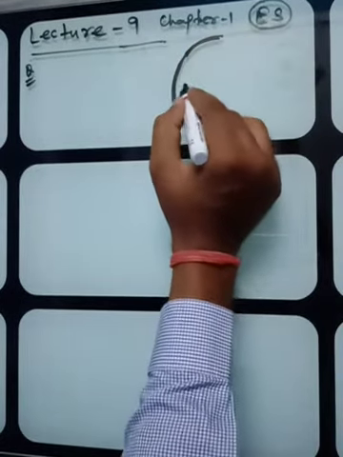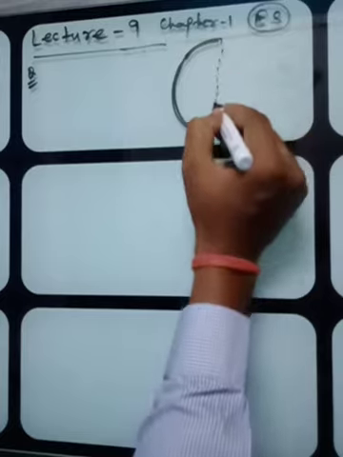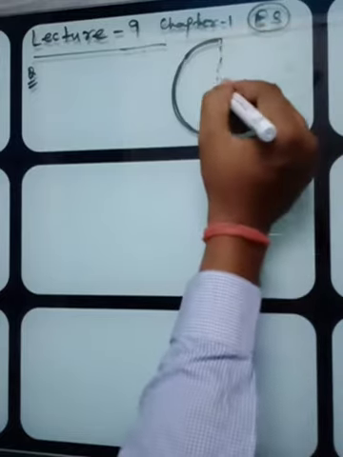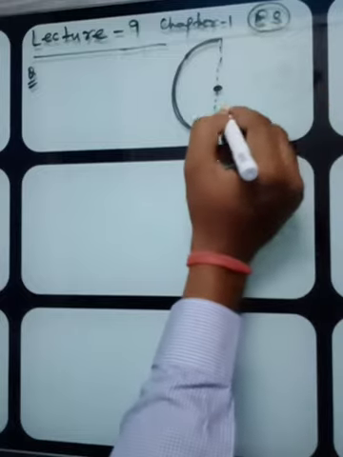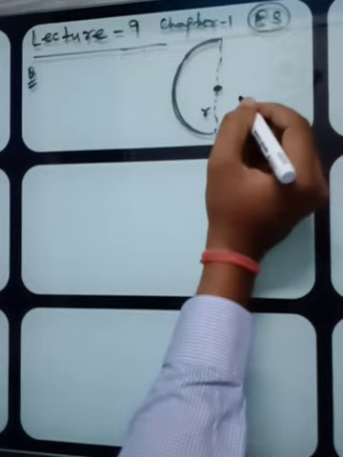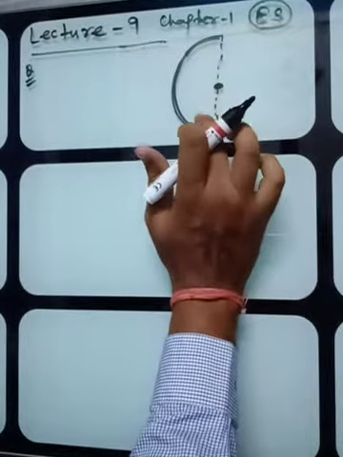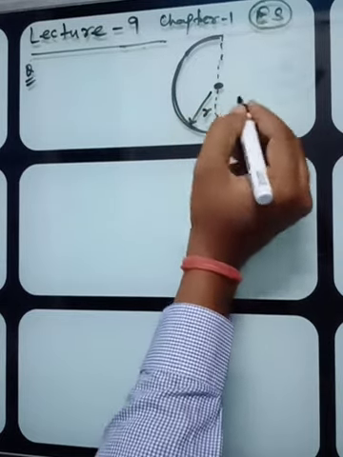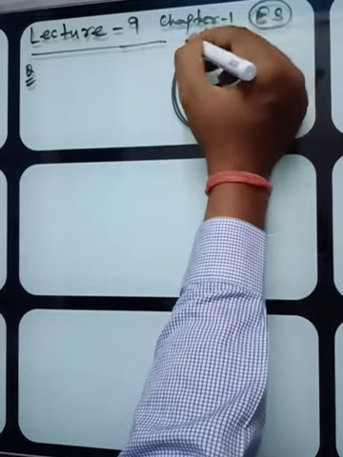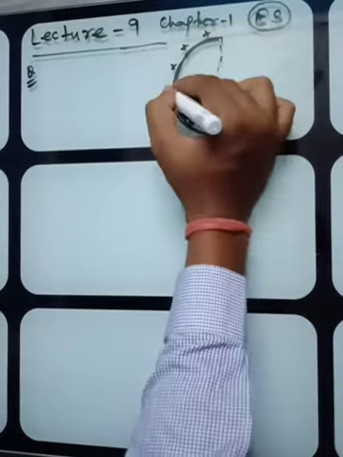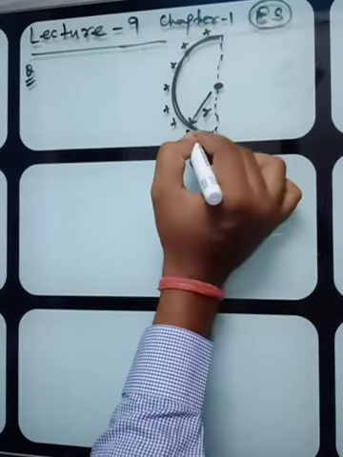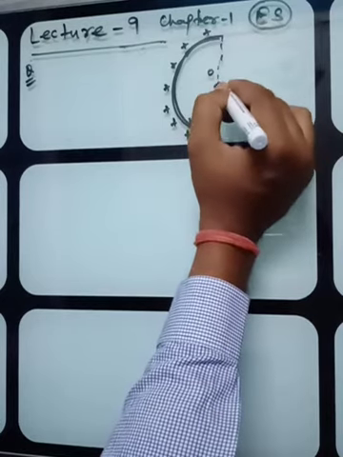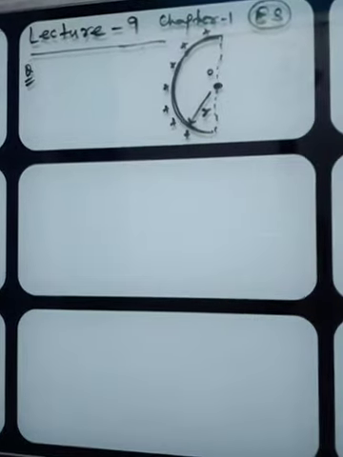Could you find it at the center of the ring, the radius of the ring being r? For the charged ring, you have to find the electric field at this point O, at the center of the ring.